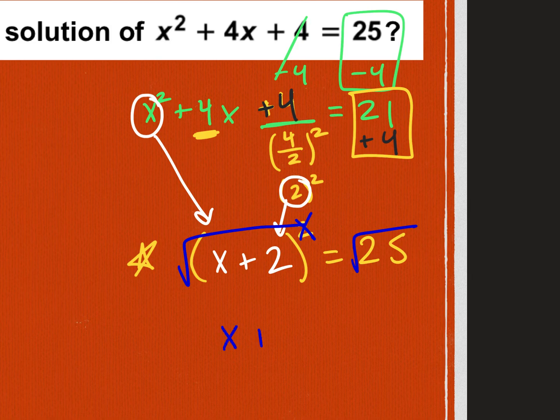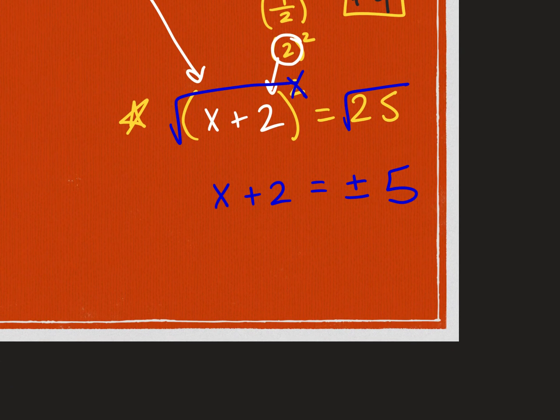So I'm just left with x plus 2. What do you need when you take the square root of both sides? Plus or minus. And what's the square root of 25? 5. So x plus 2 is equal to positive 5, and x plus 2 is equal to negative 5.